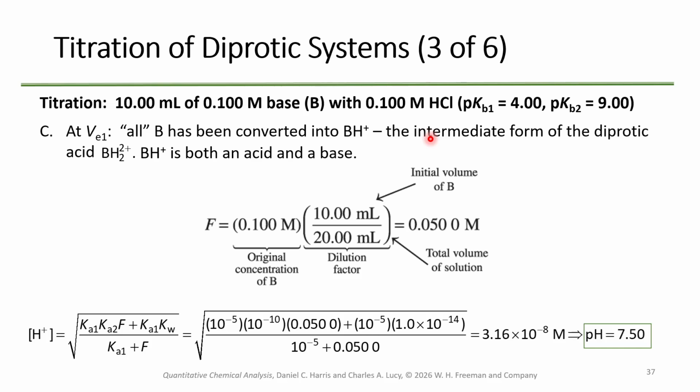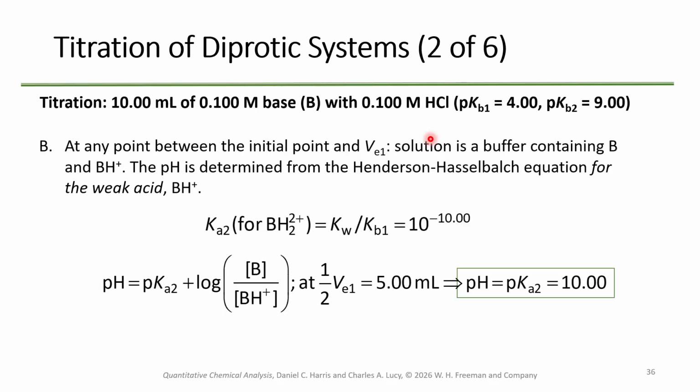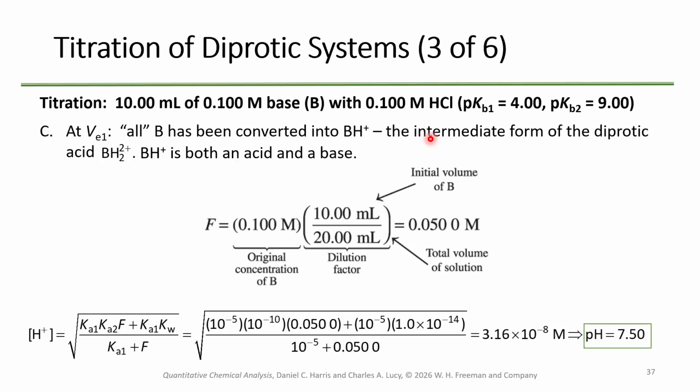When we were talking about diprotic acids, BH2 2+ was the acidic form, right? And then we had the BH+, and that was going to be the intermediate form. And then we would have had the basic form, right? So notice we were working with the basic form before, weren't we? Okay. Now we're going to be in the intermediate form region, right?